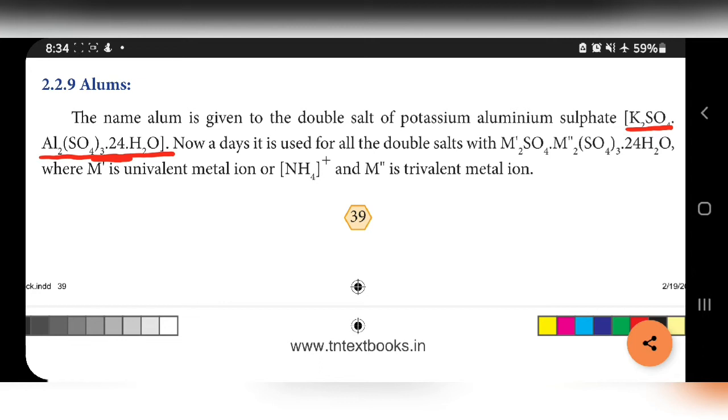Nowadays, it is used for all the double salts with M2SO4 and M2(SO4)3. This is the general formula for alums. Here M dash is a univalent metal ion or ammonium, and M double dash is a trivalent metal ion.